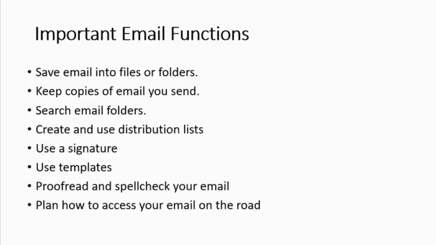Use a signature. If you need to include your full name, title, organization, phone and fax number and other such information in your email, set up a signature. It automatically pops into every email you send. Use templates.